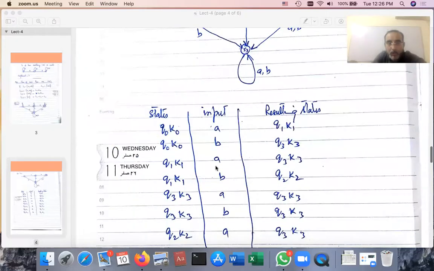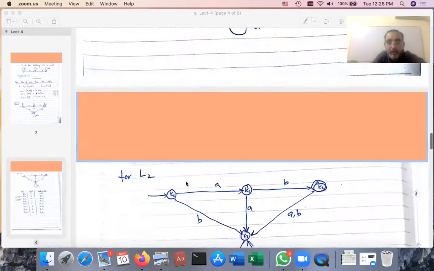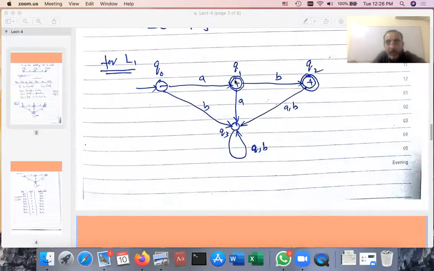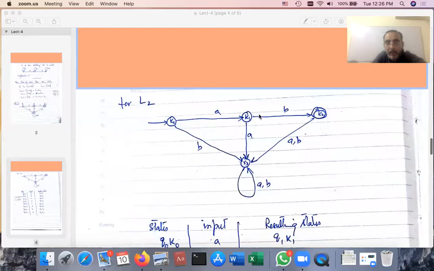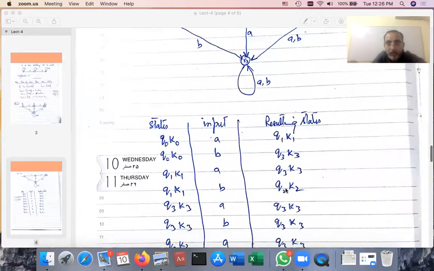So Q1, K1 on A goes to Q3, K3. And similarly, when you apply B over Q1 and K1 in these two DFAs, at Q1 after applying B I reach Q2, and at K1 after applying B I reach K2. So Q2, K2 is the new state here.